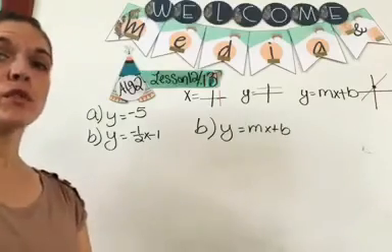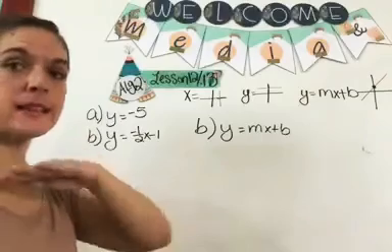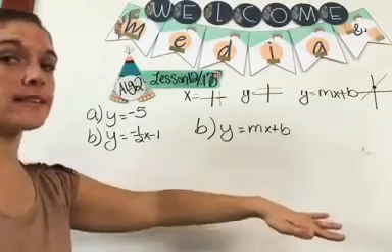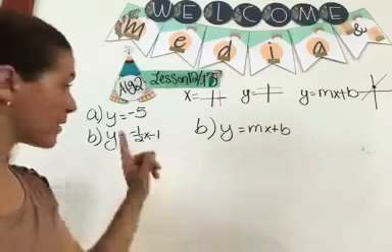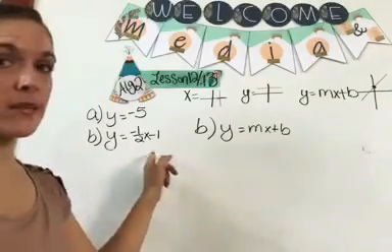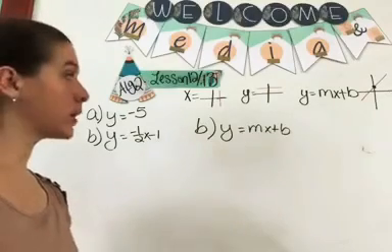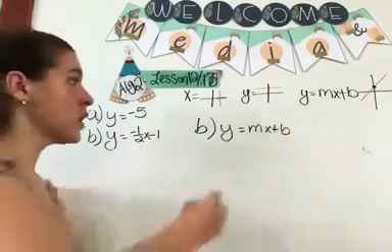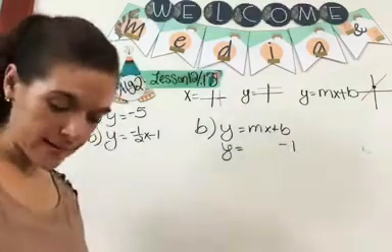The answers for your practice: A is y equals negative 5, okay, because it crosses the y-axis at negative 5 and is a straight line. And then B is y equals negative 1/2 x minus 1. Why is it like that? Okay, really quickly, I'm going to show you both ways. y equals, now it crosses the y-axis at negative 1.